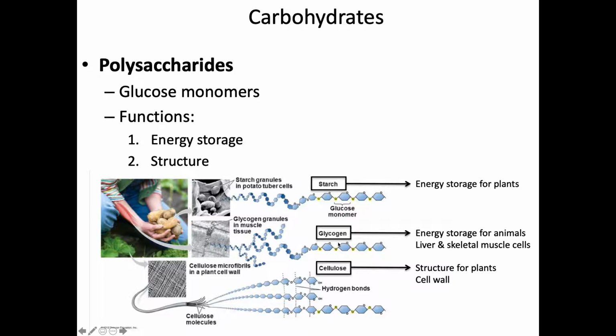Another example of polysaccharides that you can find in our bodies, specifically in our liver and our skeletal muscle cells, is called glycogen. Glyco means sugar.